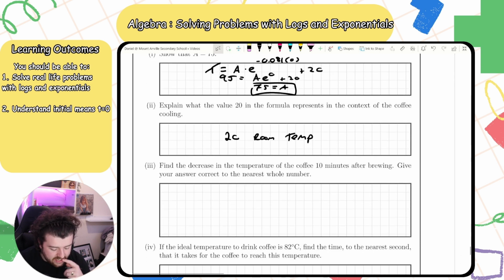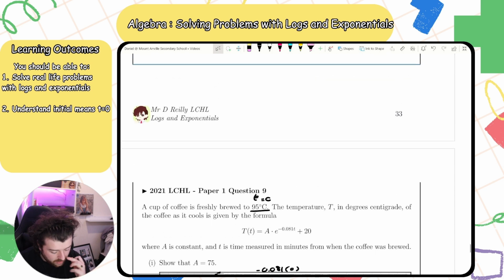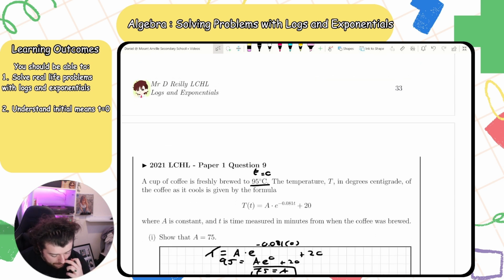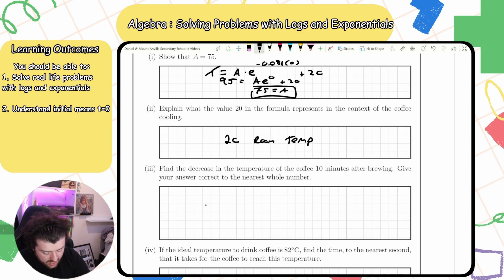Find the decrease in the temperature of the coffee 10 minutes after brewing. Give your answer correct to the nearest whole number, and t is measured in minutes. Okay. So temperature is equal to 75 e to the power of minus 0.081 times 10, plus 20.